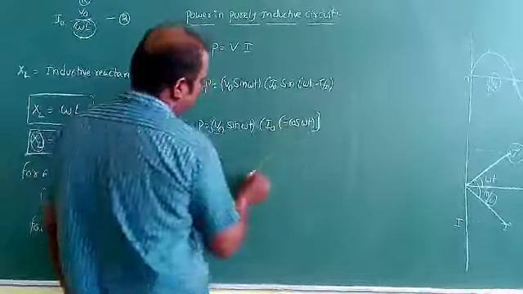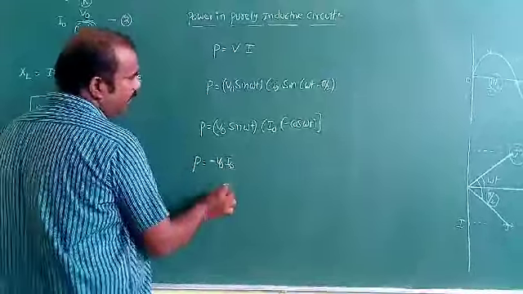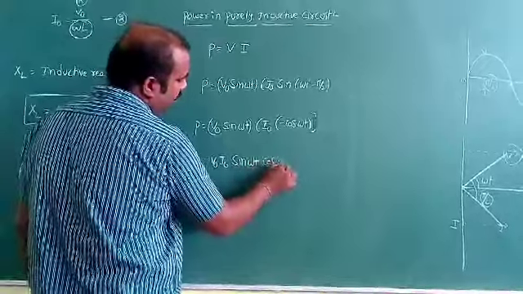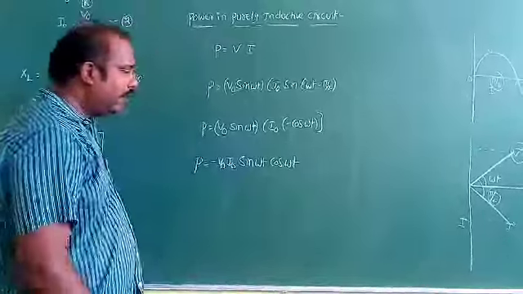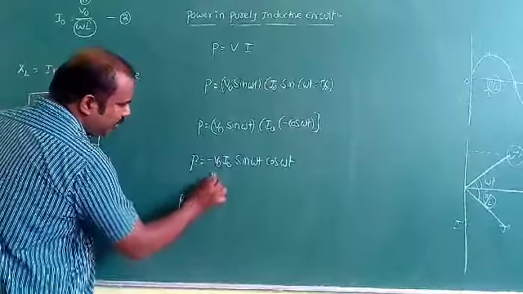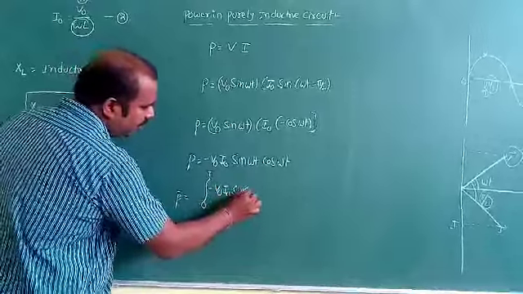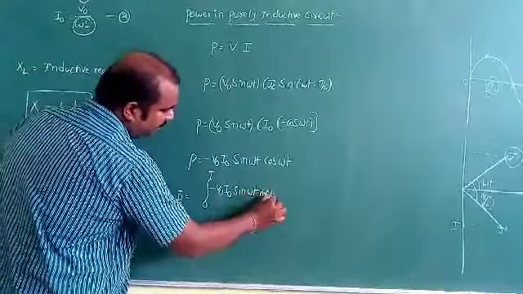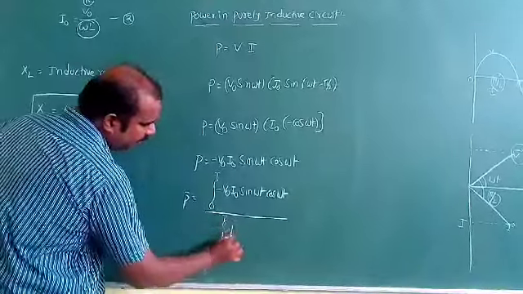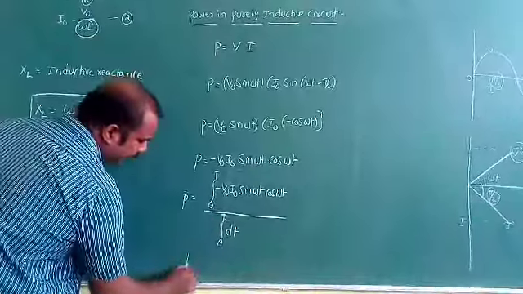I can write P is equal to minus V naught I naught sine omega t into cos omega t. If I want to find the average power, it will be average power is equal to integral 0 to T of minus V naught I naught sine omega t into cos omega t, divided by integral 0 to T of dt. Now if you solve this equation, finally you will get 0.